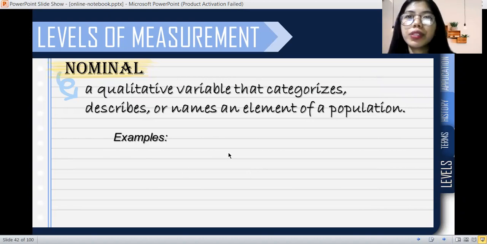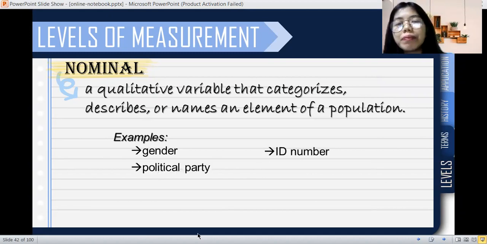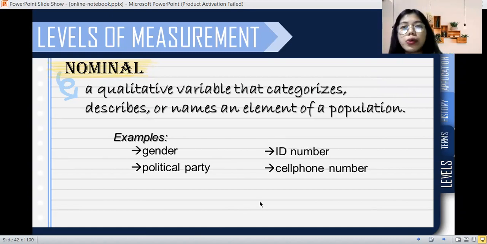For example, we have the gender. Again, qualitative to dahil yung sagot natin maaring male or female. We also have political party and ID number and cell phone number.